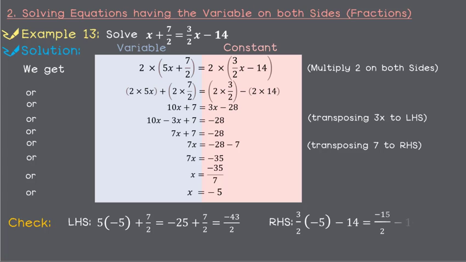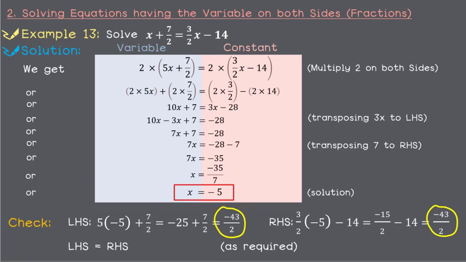And the right hand side, we have 3/2 times negative 5 is negative 15 over 2, then minus 14 is negative 43 over 2. So both sides of the equation become negative 43 over 2, and we are done.